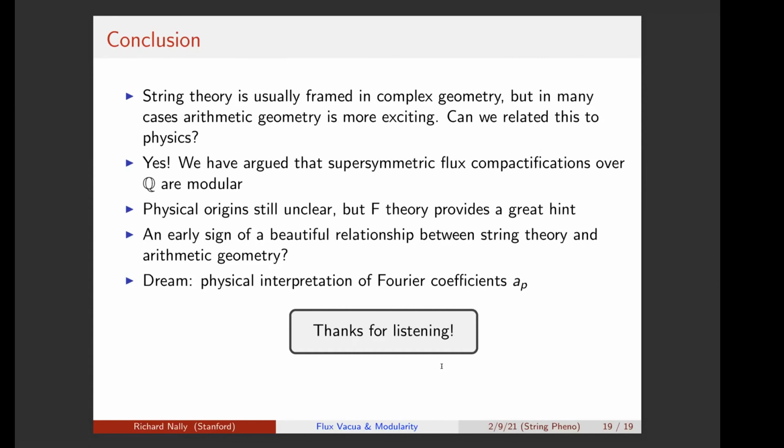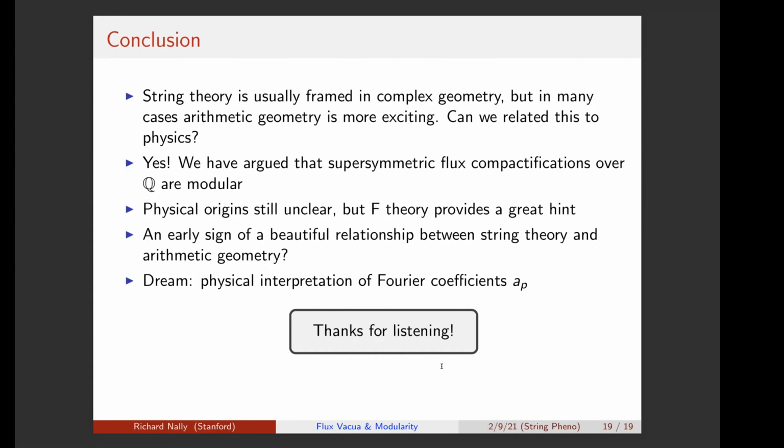And so we still don't entirely understand what's going on physically, but to my mind, this F-theory construction is a sign that there is some physics underlying these point counts. And so I'm cautiously optimistic that this is an early sign of a deep relationship between string theory and arithmetic geometry.